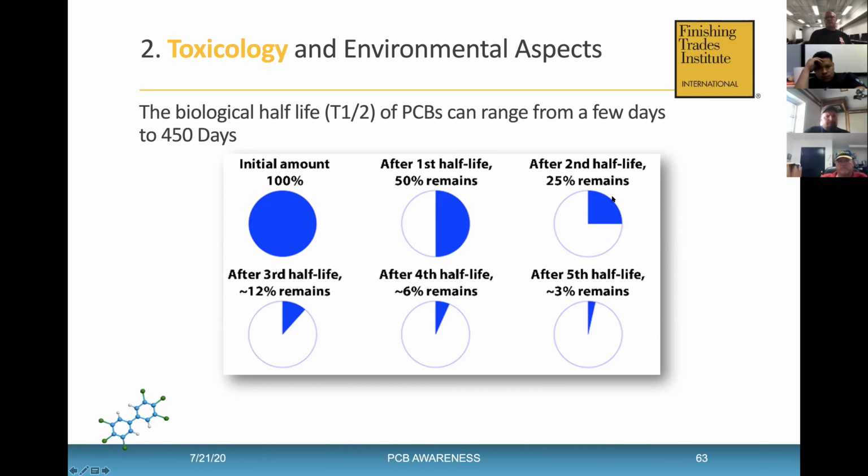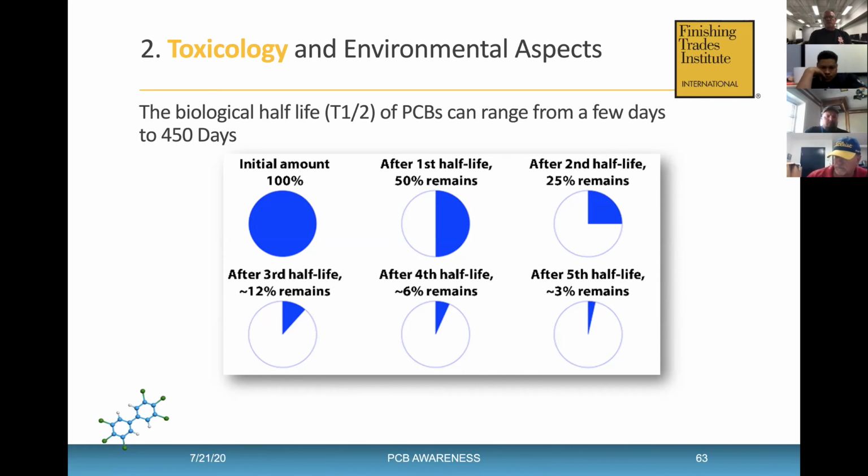After another 450 days, 25% is left in your body. So now you're down to 25 milligrams. After another 450 days, you're down to 12% or 12 milligrams. And after another 450 days, you're down to 6 milligrams. One more half-life, you're down to about 3 milligrams.